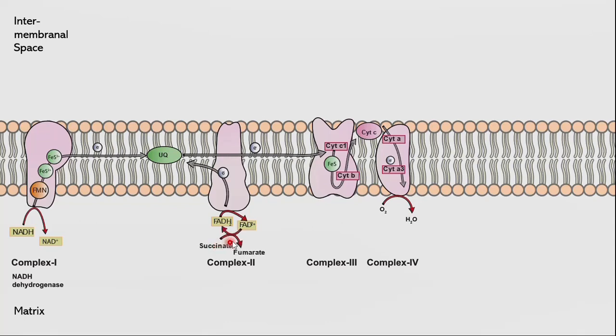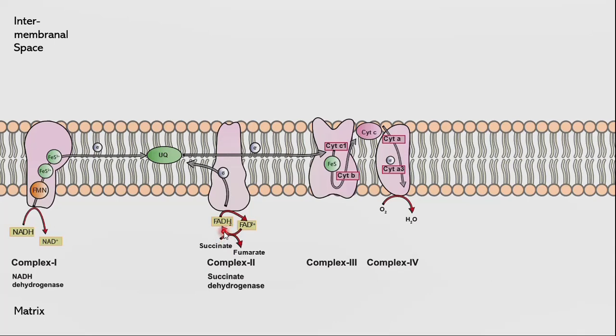All the transfer of electrons from ubiquinone to complex 3, complex 3 to cytochrome C and then complex 4 is similar to that in complex 1, which takes the electron from NADH. The transfer of electrons from FADH2 to ubiquinone is catalyzed by the enzyme succinate dehydrogenase.